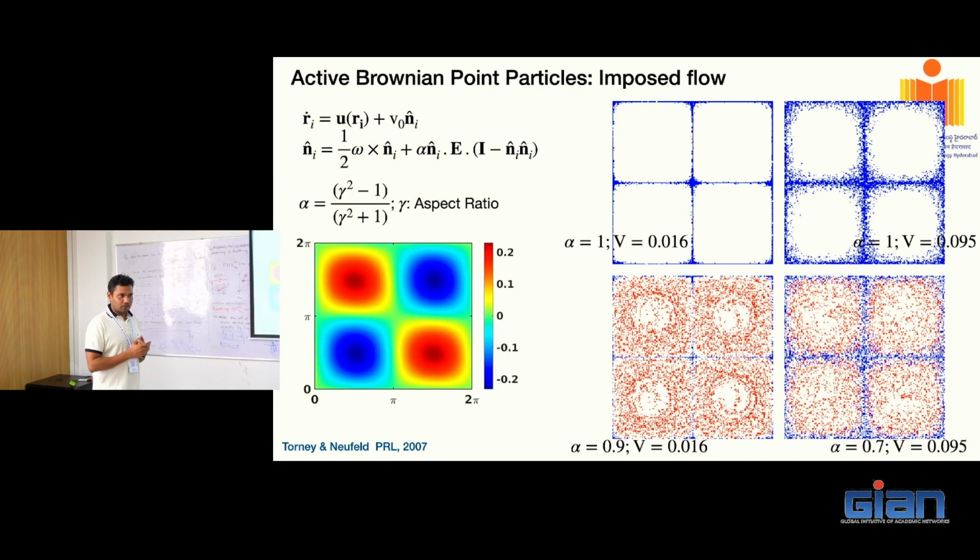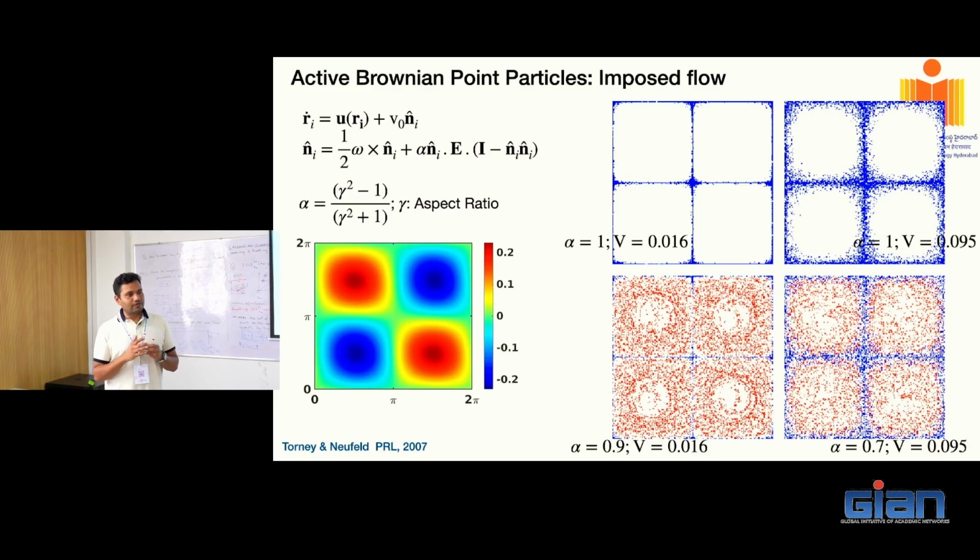In that spirit, they are point particles. So basically, there will not be any interaction among them, and they are not going to affect the flow. Whenever I say point particle, that's what we mean. The simplest reason why you want to deal with point particles is that it is a lot easier.